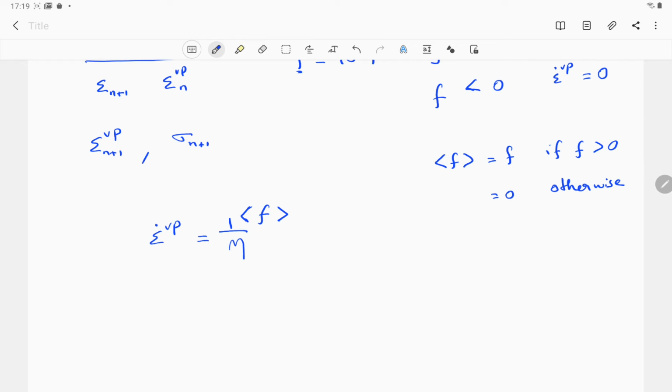Okay, so the direction is it will evolve in, so this is just a magnitude, and in addition to that we have to give the direction. The direction is along the stress.